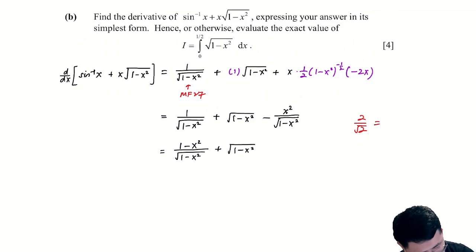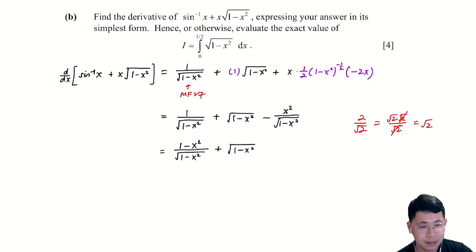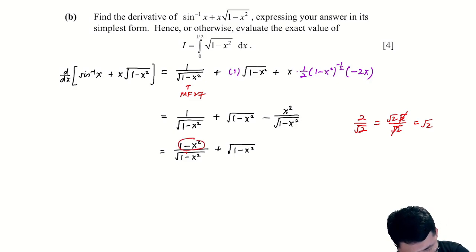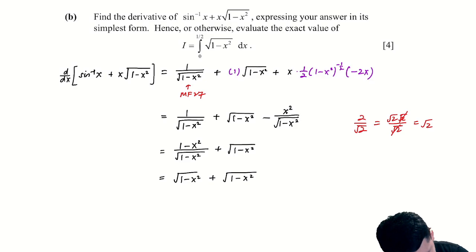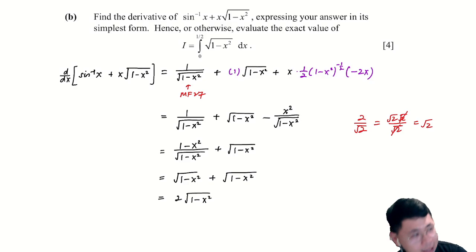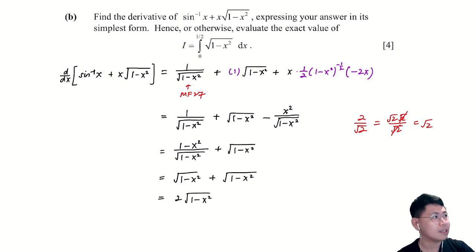Root 2 over root 2, cancel, so I'm left with root 2. So we take one full one divided by the square root of the one at the bottom. This one will give us square root of 1 minus x squared plus square root of 1 minus x squared. Altogether, this is 2 times the square root of 1 minus x squared. So this is how we get the first part.